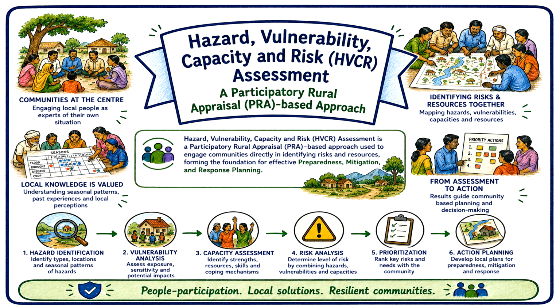It encourages people to share their knowledge, experiences, and priorities through participatory tools such as social mapping, resource mapping, seasonal calendars, and focused group discussions. HVCR helps assess who and what are most at risk while recognizing existing strengths and coping mechanisms within the community.